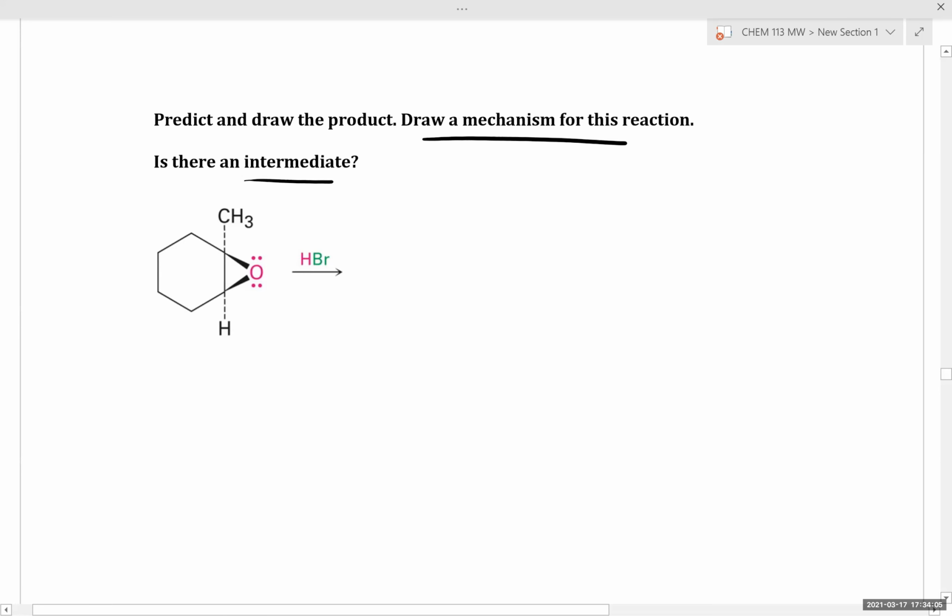You can explain steps in the mechanism verbally or in the chat, or you can annotate your proposed mechanism directly on the class whiteboard. I'd like you to pay special attention to the regiochemistry and stereochemistry of your product.